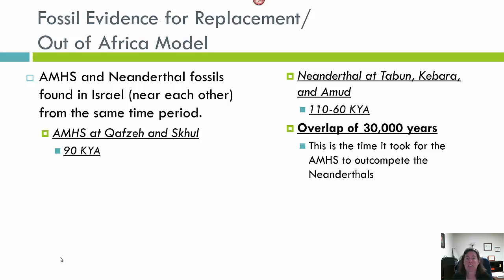This indicates that there's an overlap of at least 30,000 years for anatomically modern Homo sapiens and Neanderthals. It's been suggested that this 30,000 years is the amount of time it took for anatomically modern Homo sapiens to outcompete the Neanderthals and actually replace them.